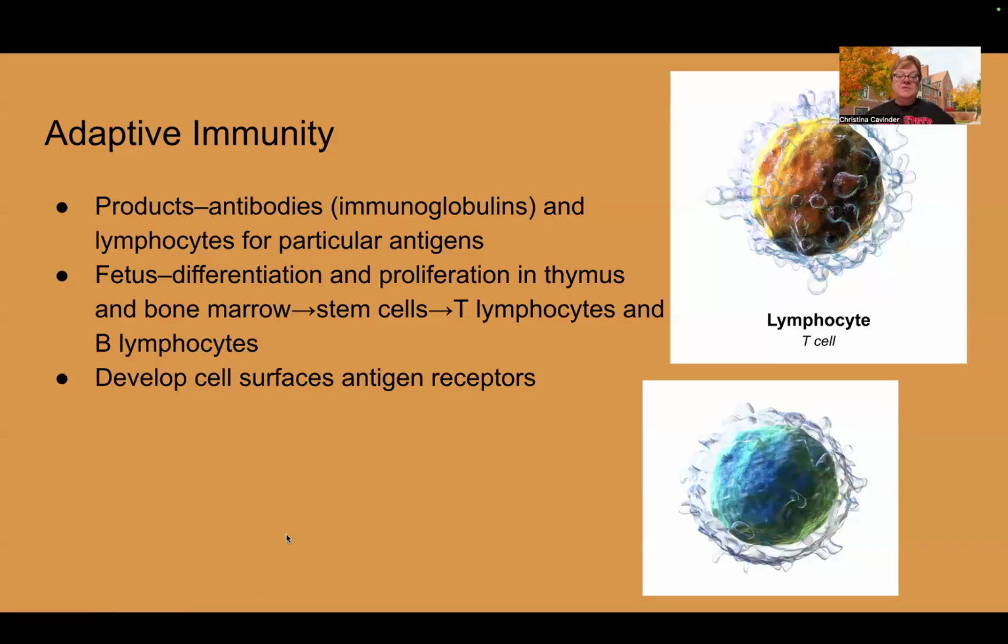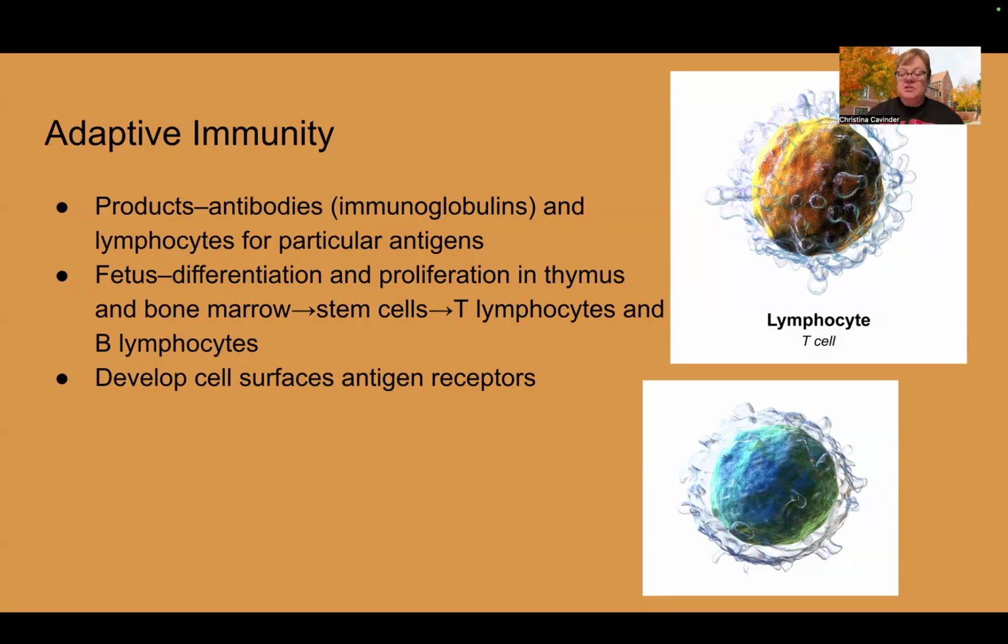All right, so adaptive immunity. Some of the products from adaptive immunity, which we talked about earlier, are antibodies, or immunoglobulins. They're the same thing. So immunoglobulins are antibodies, and lymphocytes for particular antigens.